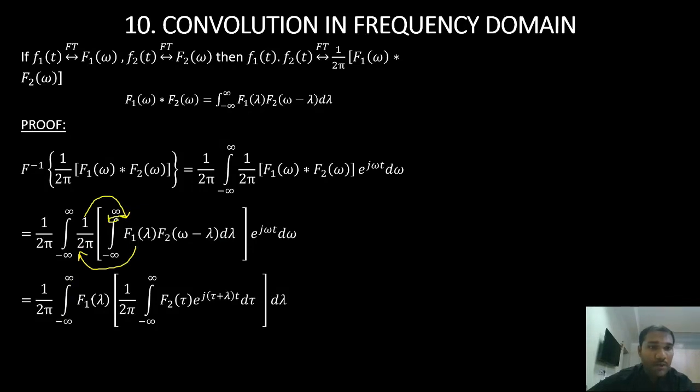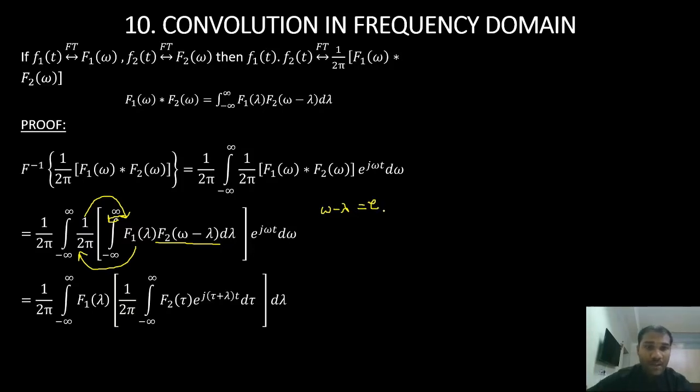Here, this part: F1 of omega, and what am I left with? 1 by 2 pi F2 of omega minus lambda d lambda e power minus j omega t d omega. So here, omega minus lambda, I am writing it as tau.